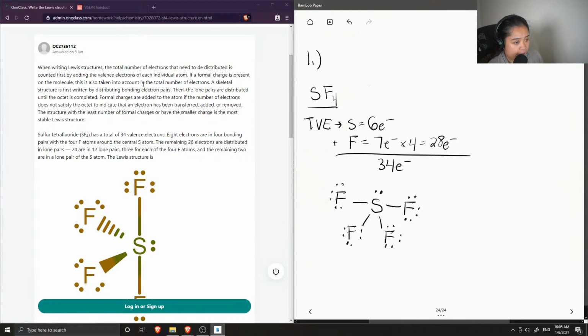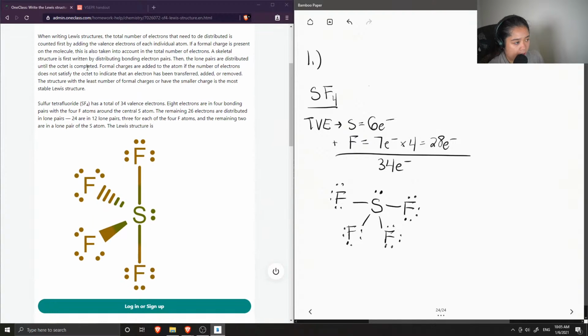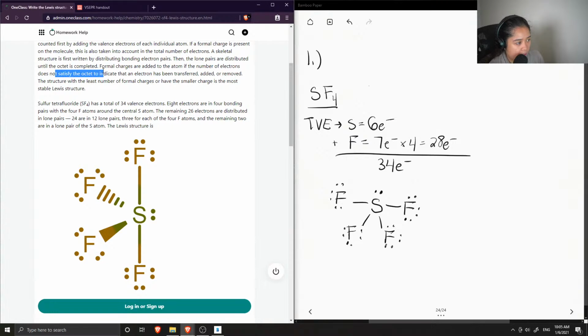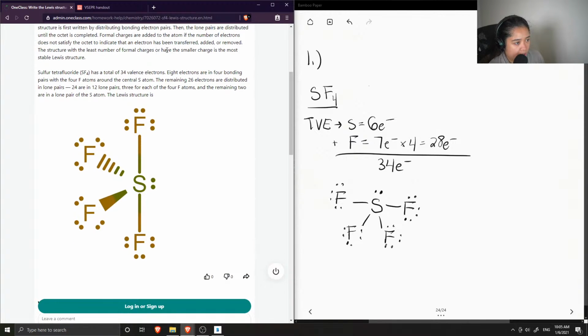Then the lone pairs are distributed until the octet is completed. Formal charges are added to the atom if the number of electrons does not satisfy the octet, to indicate that an electron has been transferred, added, or removed. Structure with the least number of formal charges or the smaller charge is the most stable Lewis structure.